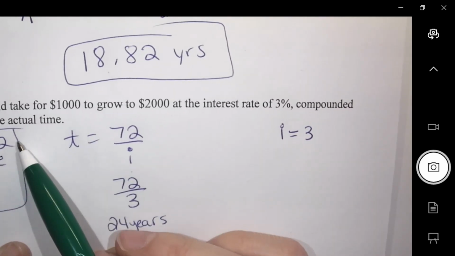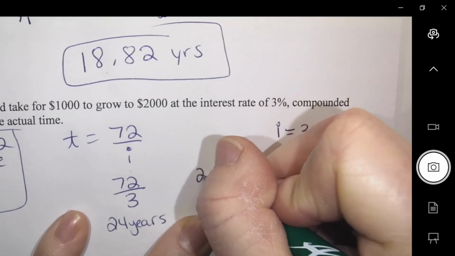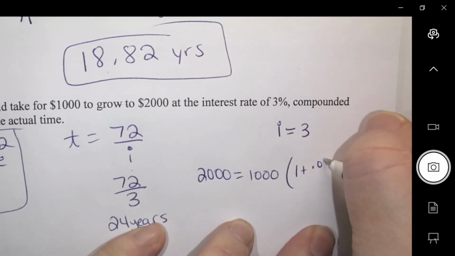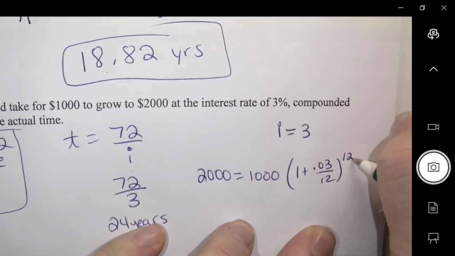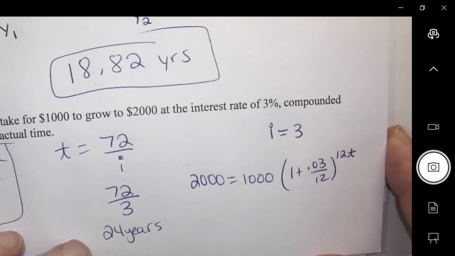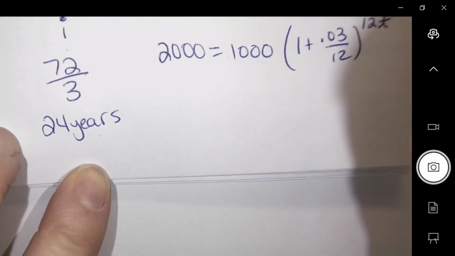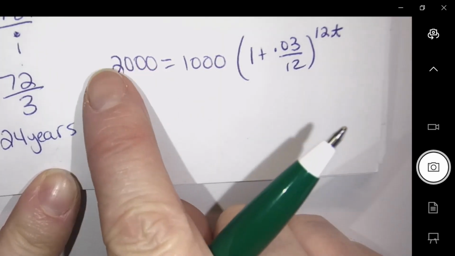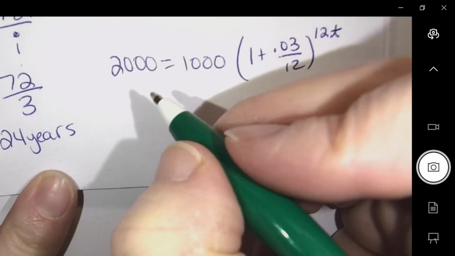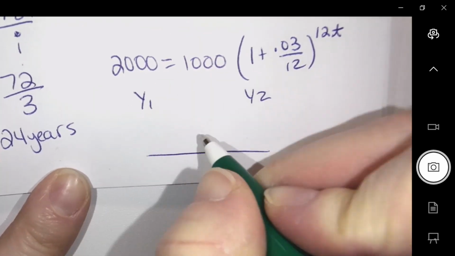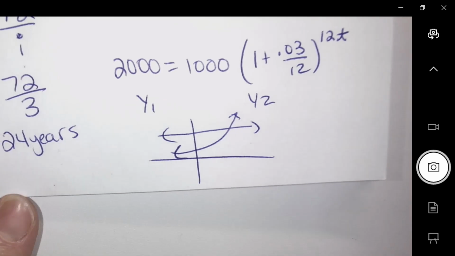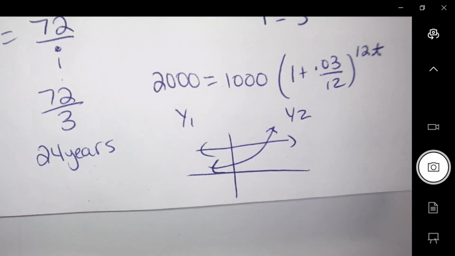Okay, let's determine the actual time. So let's do this one more time. So this is your compound formula. I started with 1,000. It's compounded monthly, and I want to turn it into 2,000. Same idea, Y1, Y2. When does the interest reach 2,000? Okay, and you should see it somewhere around 24, right?